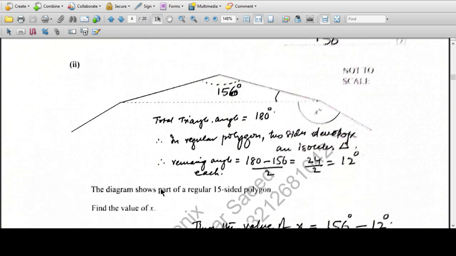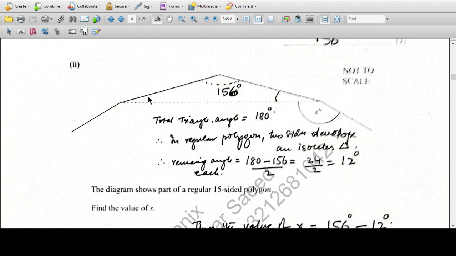This diagram shows the regular 15-sided polygon, and we need to find the value of this angle x. So in a triangle, every triangle has 180 degrees. So this is 156, and this side length and this side length are equal. So this triangle is an isosceles triangle.